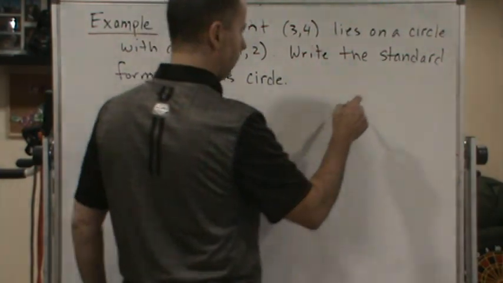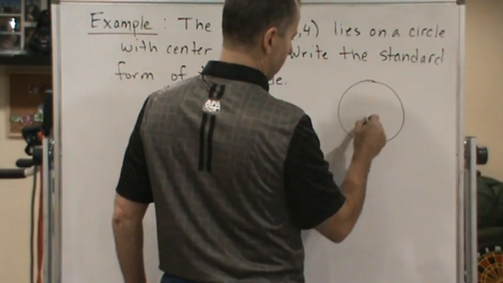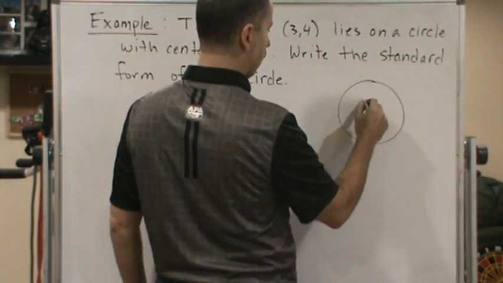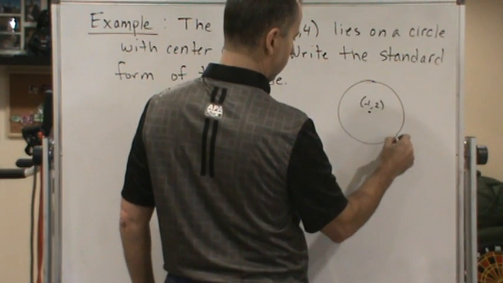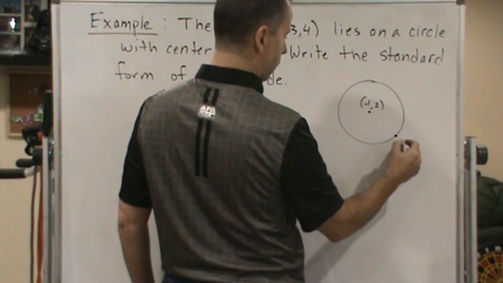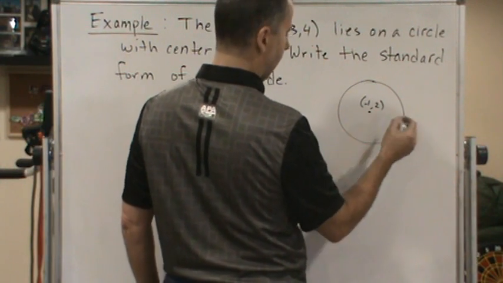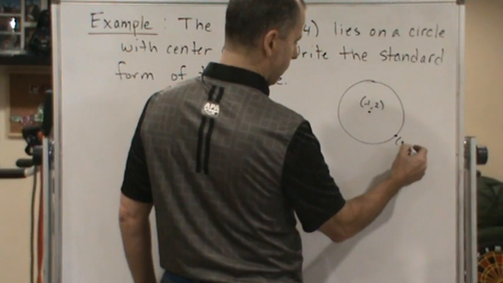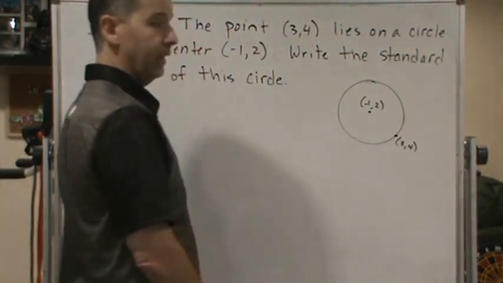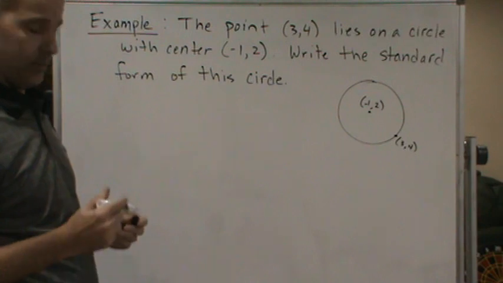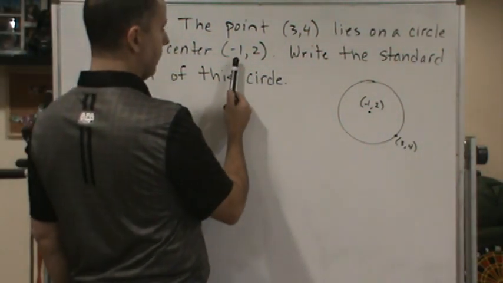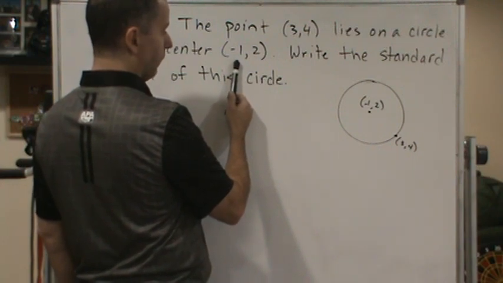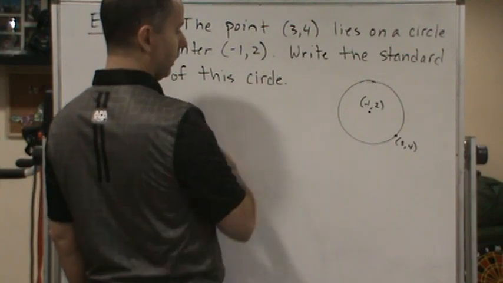So if we draw a circle, we know the center is at (-1, 2), and the point on the circle is at (3, 4). Again, I'm not drawing my circle to be accurate as far as the XY plane, because we know that the center is going to be in the second quadrant, and (3, 4) is going to be in the first quadrant.